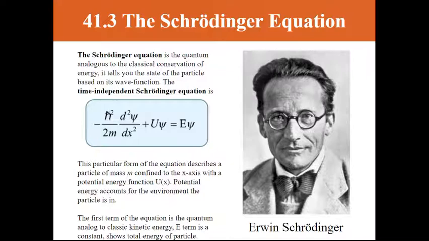For a quantum particle, we can talk about the total energy of it in terms of its wave function as well as the potential energy of the system it's in. And this leads to what's called a Schrödinger equation. So it's basically a statement about the energy of the quantum particle in terms of its wave function.